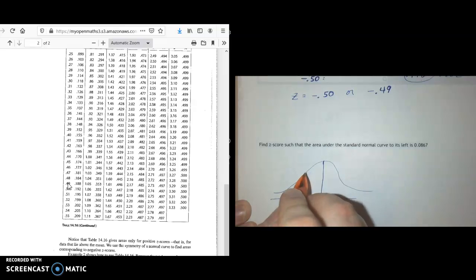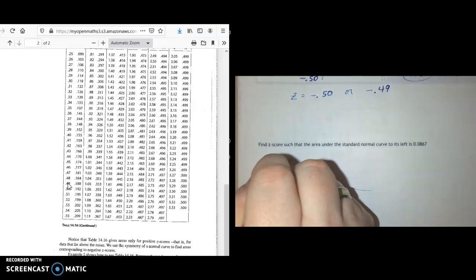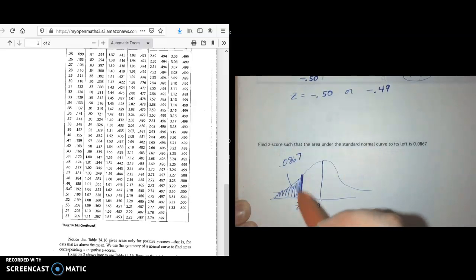Since that's a smaller area to the left, I'm going to assume that my z-score is somewhere over here. So here's my z-score, and I want the area to the left of that. I know that this area is 0.0867. That's less than 50%, right? So I'm going to say that it's over on this side.